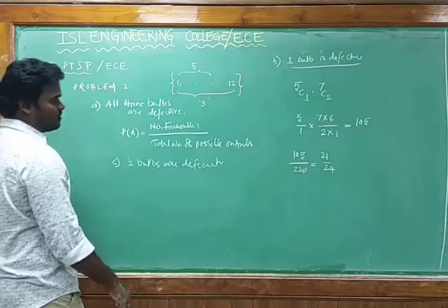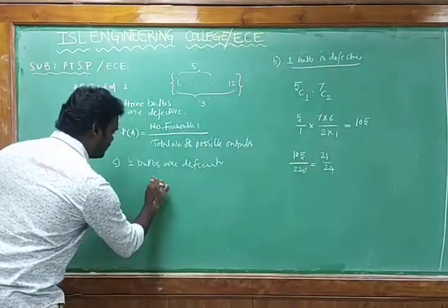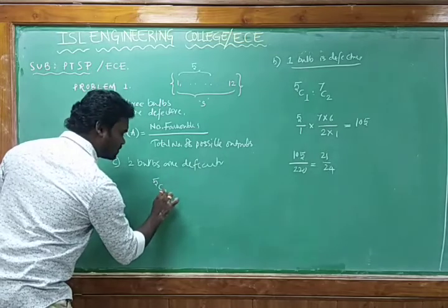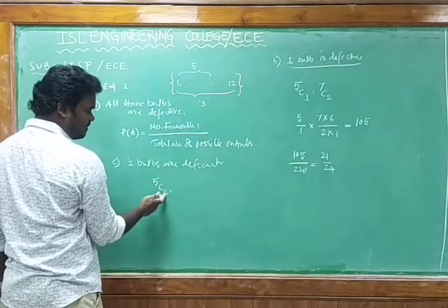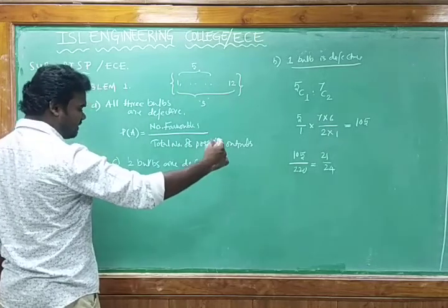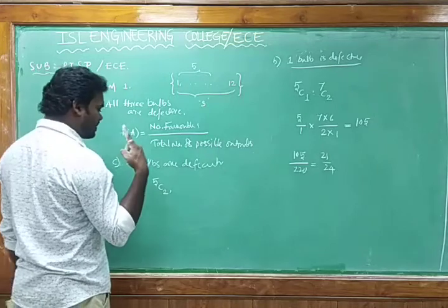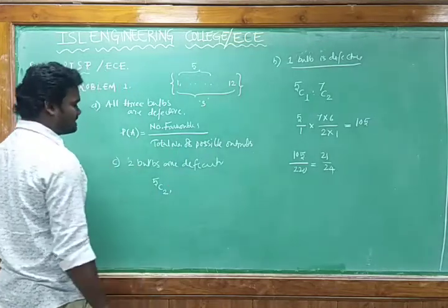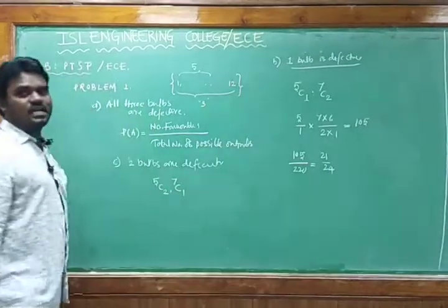2 bulbs defective means the total number of defective bulbs is 5, and from these 5 bulbs we are selecting the 2 defective bulbs. We require to select 3 bulbs in total, but here 2 are selected, so we require 1 more. Out of the 7 bulbs we select 1 more, which is non-defective.